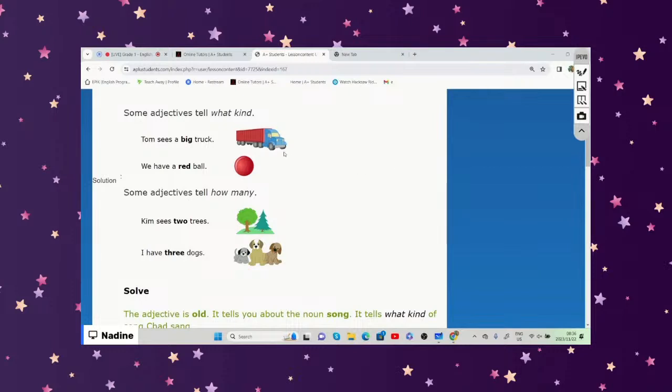So if we want to tell what kind of noun it is, it says Tom sees a big truck.